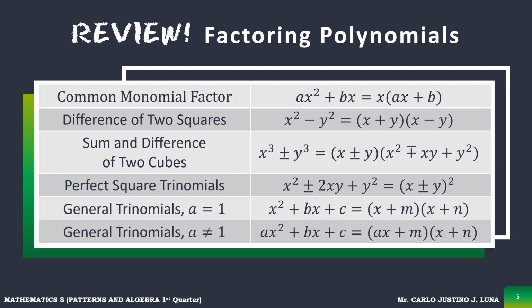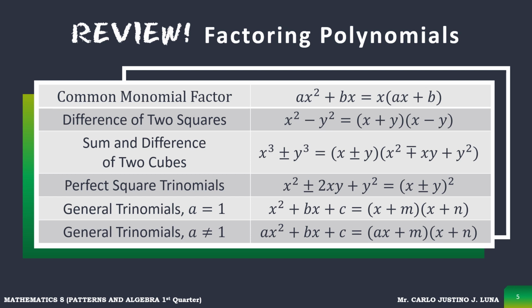It is a binomial. Now, to get the second factor, which is a trinomial, we have 3 steps. First, you get the square of the first term. So we have x squared. And then multiply the two terms, x times y, that is xy. And then get the opposite sign.